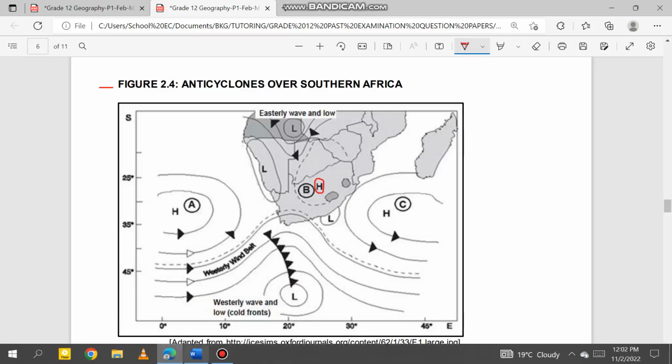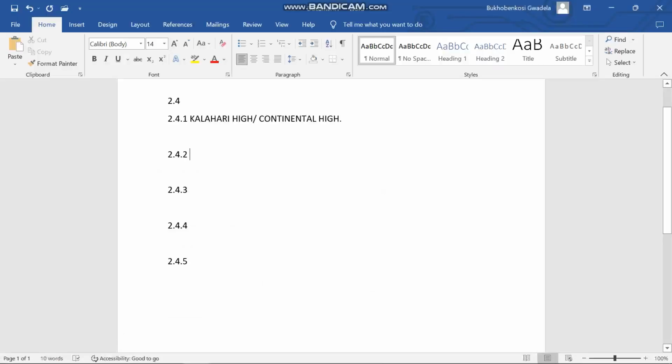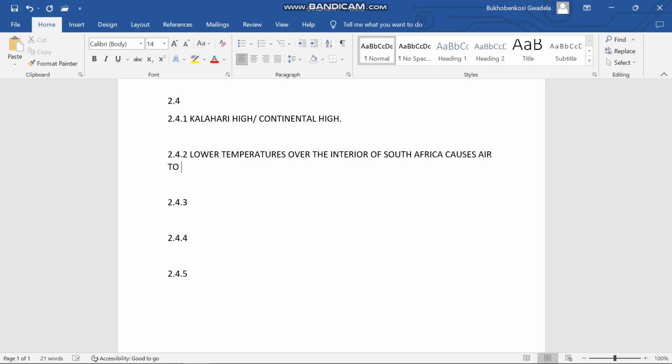So we can say, in winter there are lower temperatures over the interior of South Africa, which cause air to subside and cause high pressure.